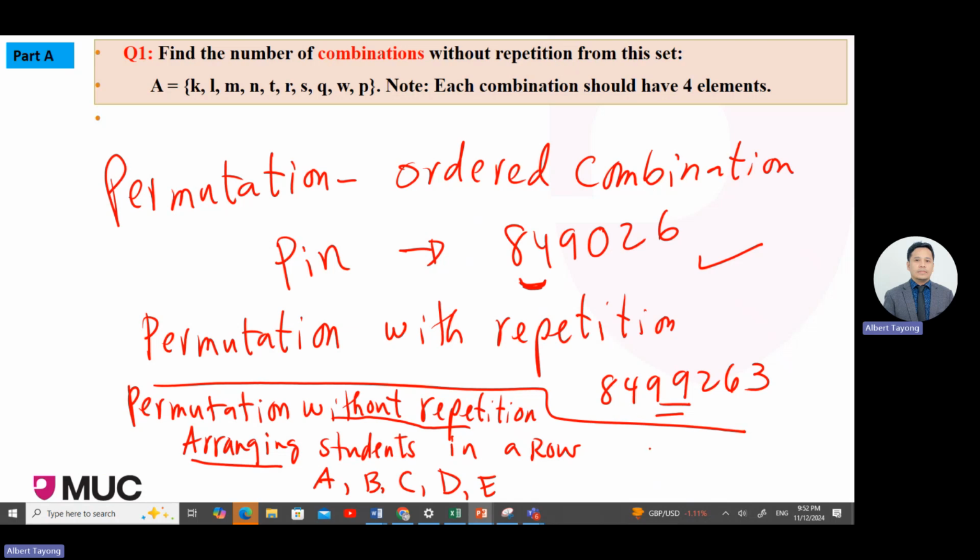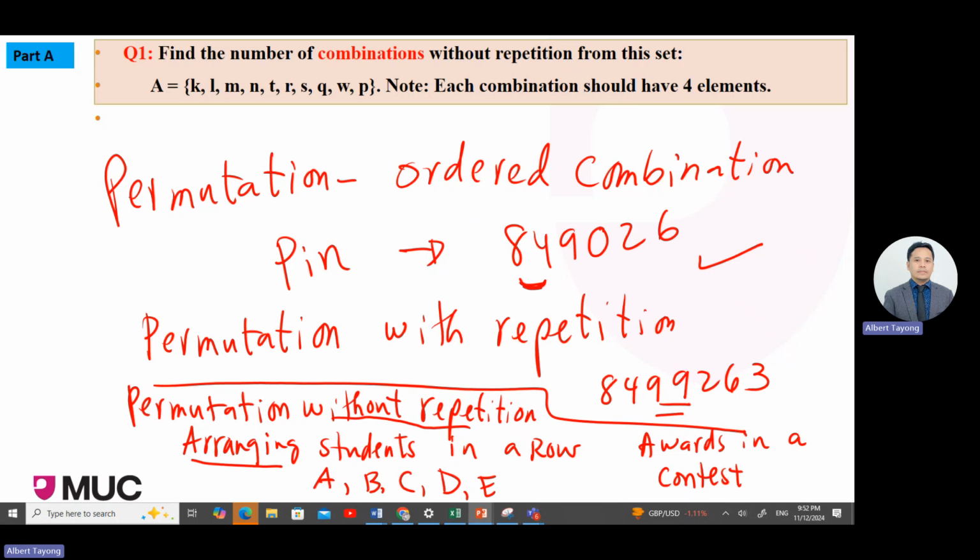Another example of permutation without repetition is, of course, the awards in a contest: first, second, third, and fourth, for example.